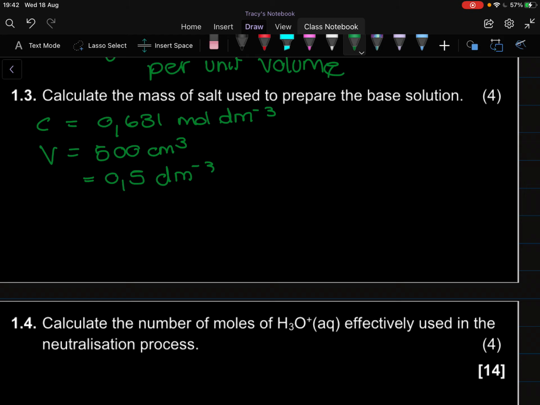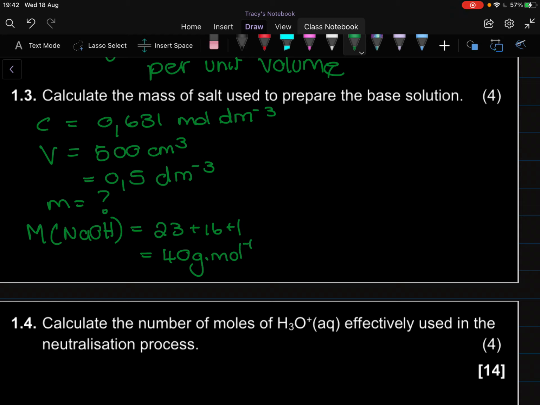We divide by 1,000. I want to know what the mass is, so I'm going to need the molar mass. You are welcome to work out the molar mass separately, or you can do it as part of the equation. I sometimes like to do it separately just because when they're fairly complicated molecules, sodium hydroxide isn't one of those. It's easy to get a bit flustered when you put it all into your calculator.